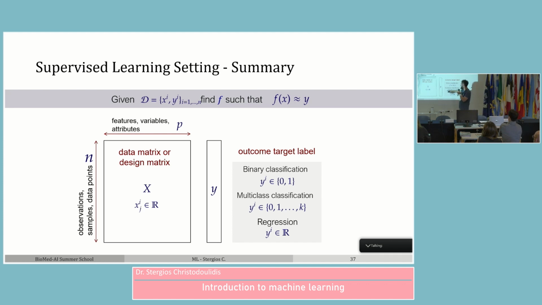As I discussed before, this output space can be binary classification, which means positive versus negative, multi-class classification, which means bird, human, airplane, car, and also regression, which is the continuous value.